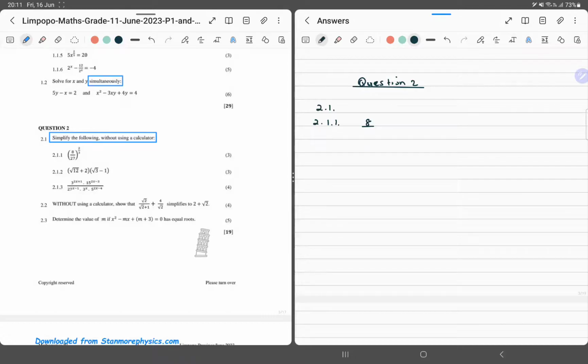So we are given here 8 over 27, all raised to the exponent 2 over 3. Okay, so basically, if we want to solve here, we can't have a fraction. So the key is that we need to eliminate the fraction.